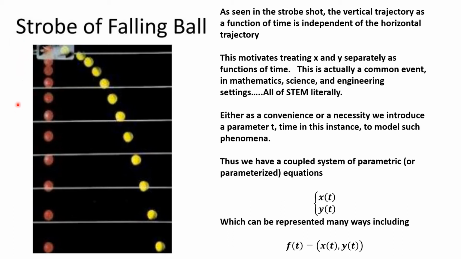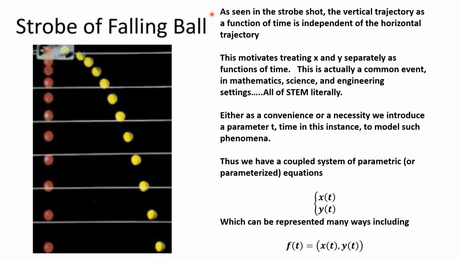You take a long exposure picture with the camera, and while you're doing that, you release a red ball which falls freely to the ground, and simultaneously you kick out a yellow ball that has a horizontal trajectory, but it also starts falling to the ground. So this is the picture that you get.